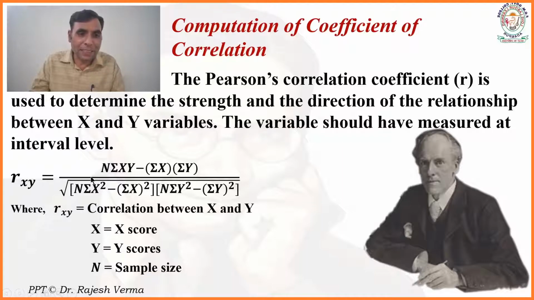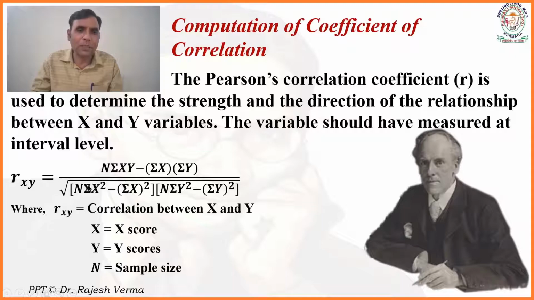That is divided by the same n. Here n means the sample size of x, and summation x square means you square the raw scores of x and add those squares, then multiply by the sample size of that variable, and then subtract the sum of the total values of x, squared.